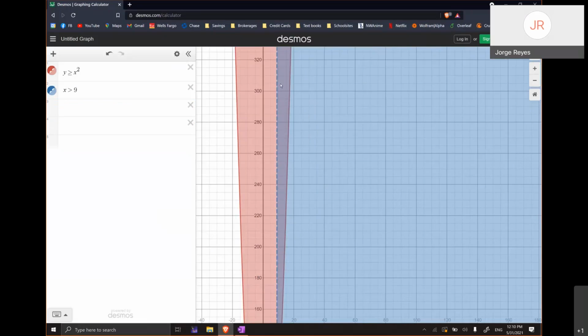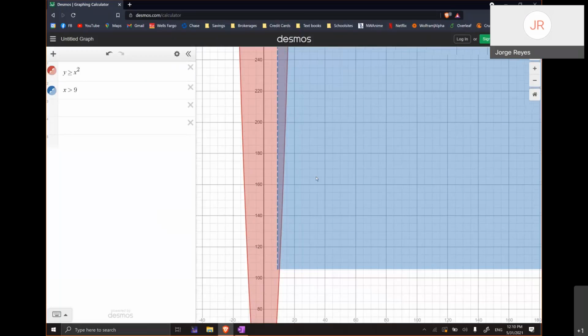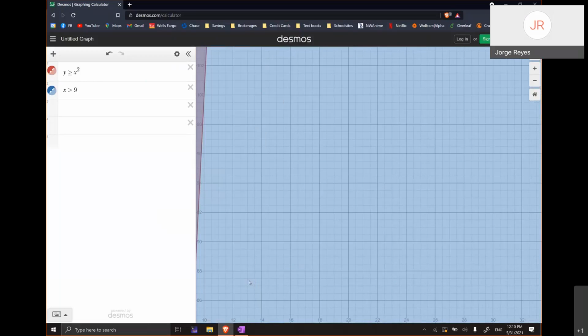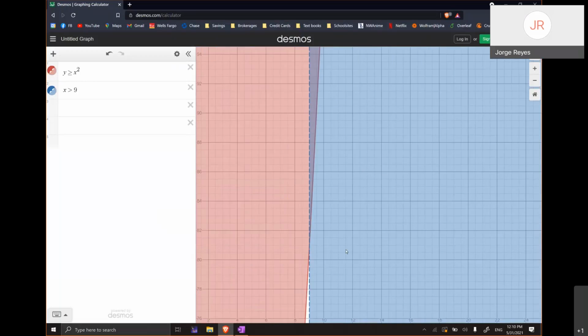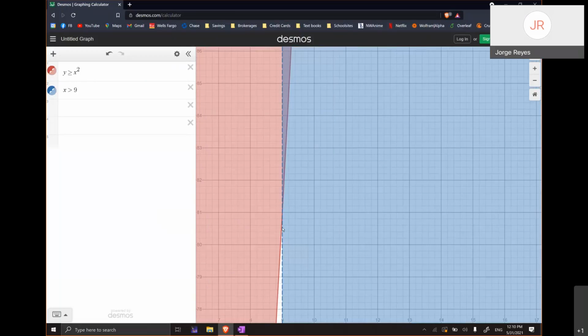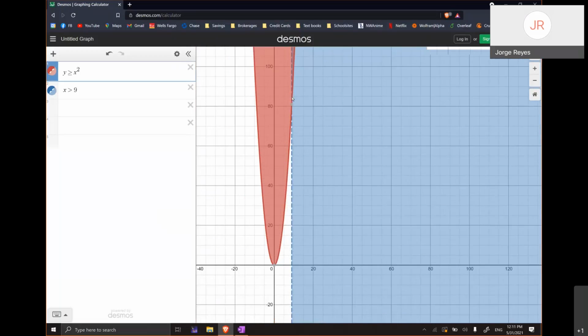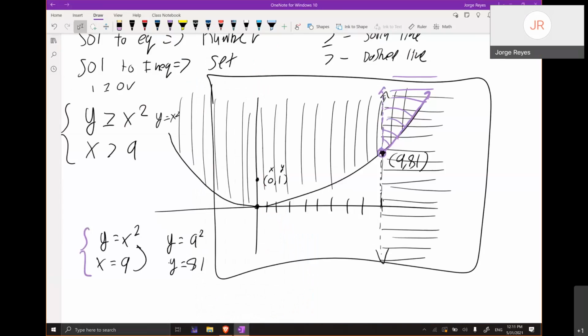My answer would be this chunk right here. And if we go down to 81, you see that's where they cross at 9, 81. Desmos is very nice because it'll show you if you're right or wrong. So I highly encourage you guys to use Desmos. It's very nice. I like it.